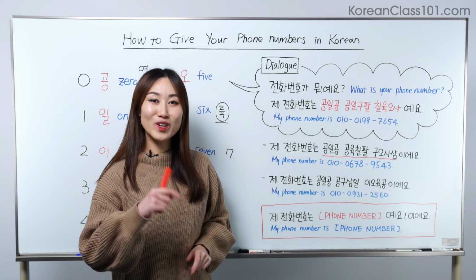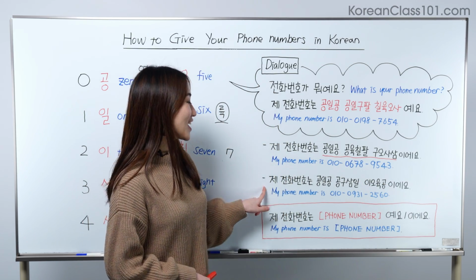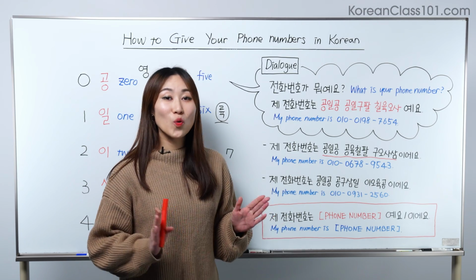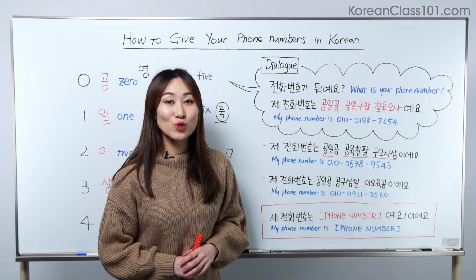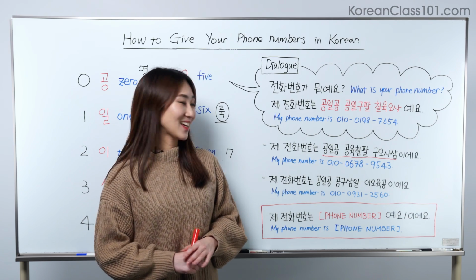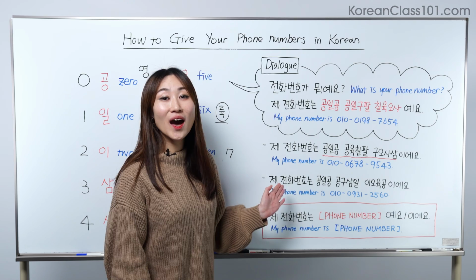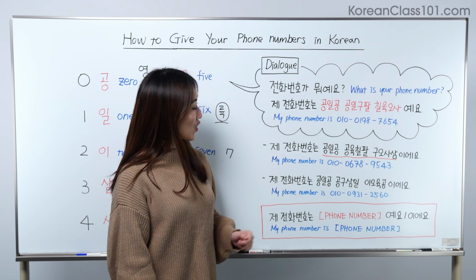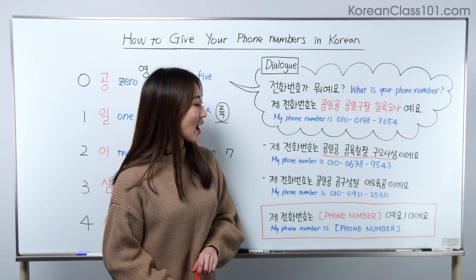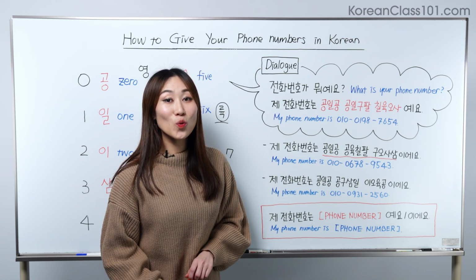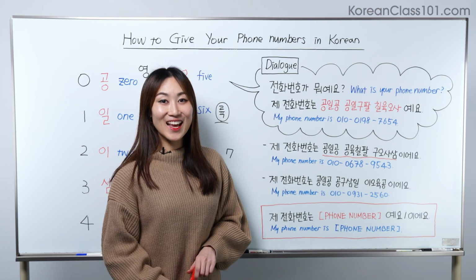So let's look at one more example. 제 전화번호는 010-0931-2560이에요.